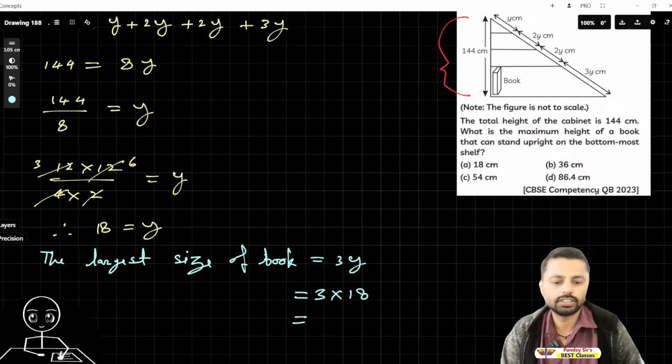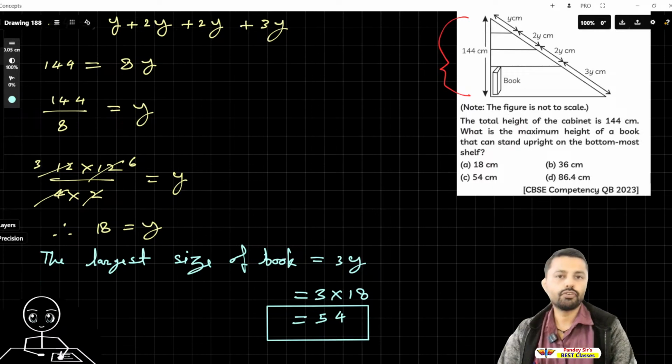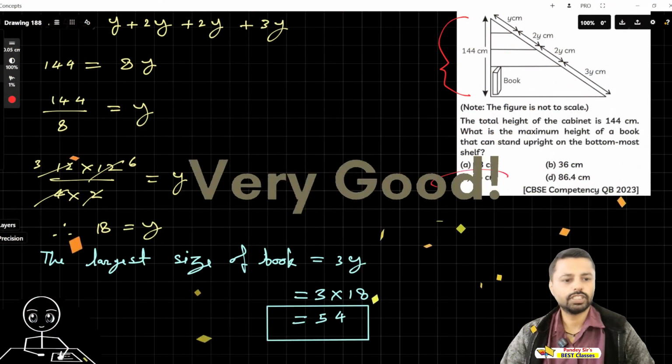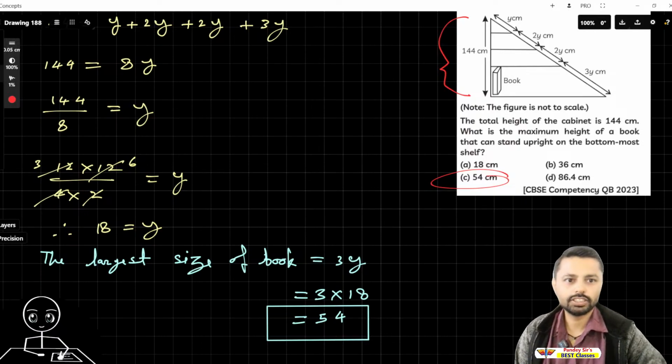Okay, that's 54. And that's it. That's the answer. So 54 is the answer. Where's that? Here. Okay, let's try for the next question. By the way, if some step you did not understand, you can ask me.